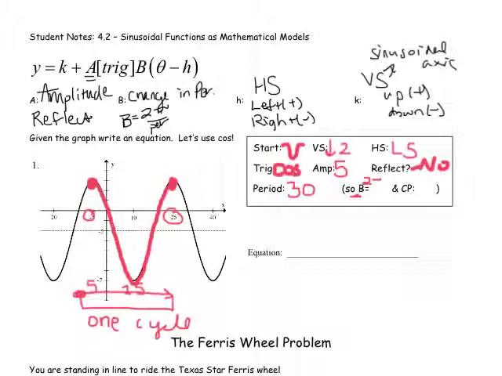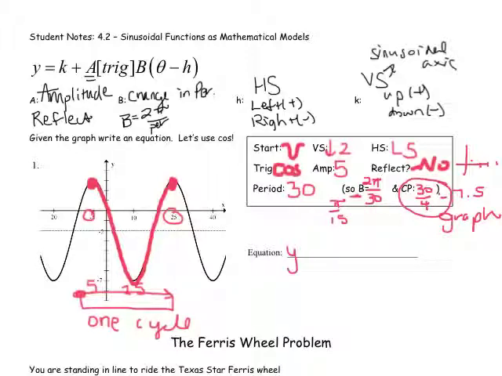So that's 2 pi over 30, which reduces down to pi over 15. And then if you want to get the critical points, this was used more for when we were graphing, so we don't really need this, but just as a quick reminder, that's 30 divided by 4 is 7.5. And that's when we would do like 1, 2, 3, 4. We don't really need to do that right now, so I'm not going to talk very much about that, but that's what that is.